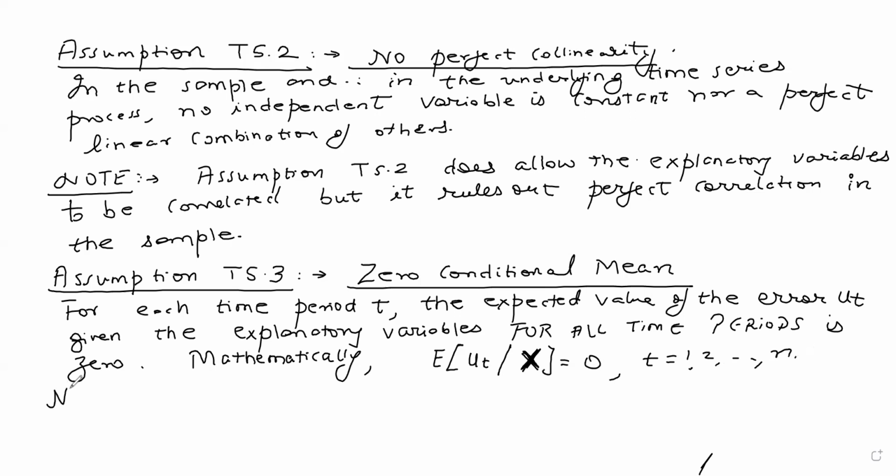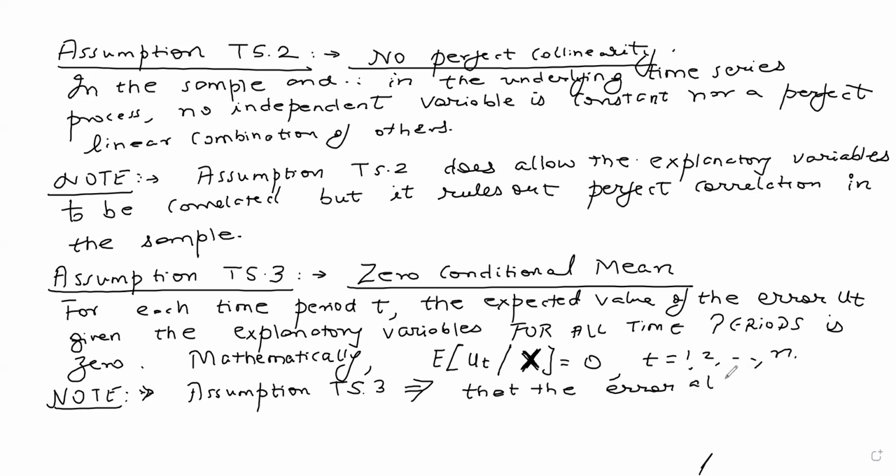So I can now write a note further to explain this. Assumption TS3 implies that the error at time t, that is ut, is uncorrelated with each explanatory variable.